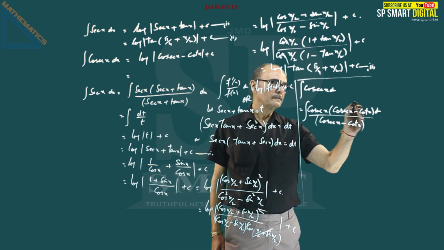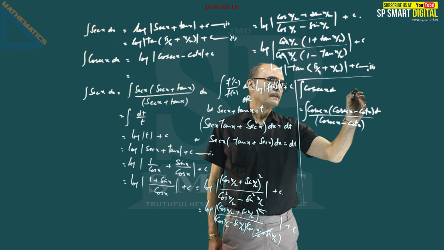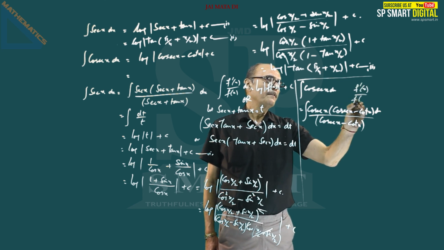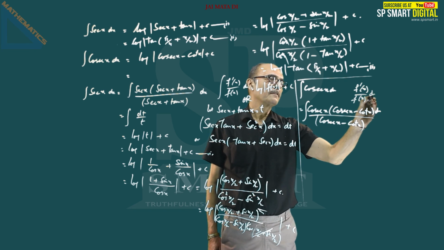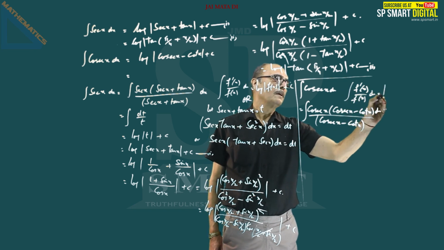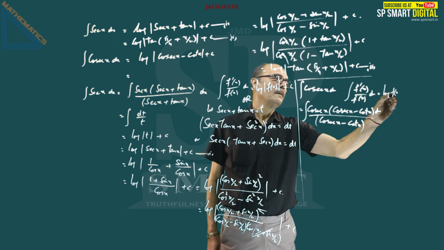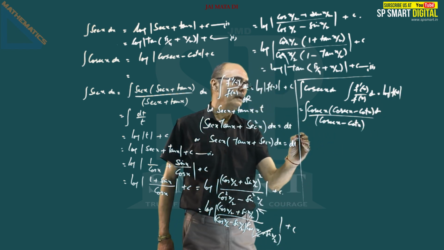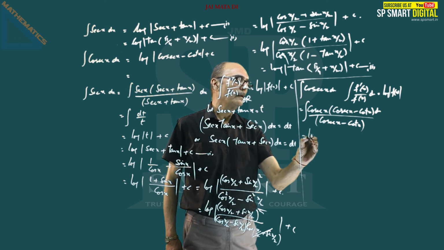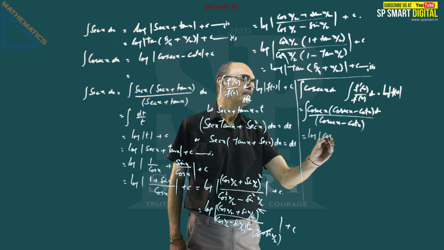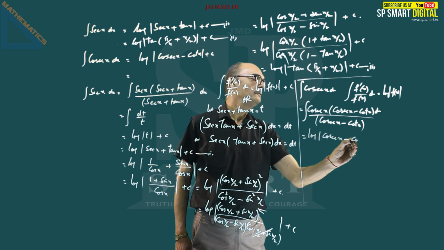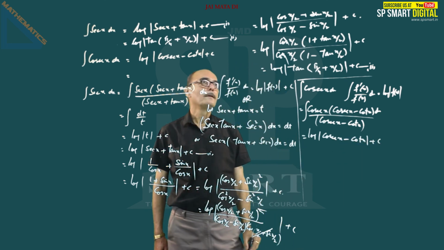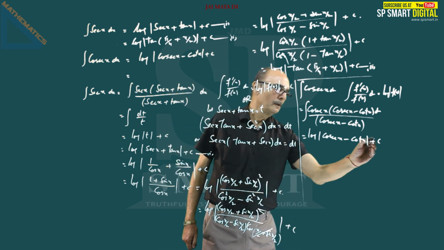Use the formula f dash x upon f of x dx equals log of f of x. So this will be log of cosec x minus cot x plus c. This is the first form.